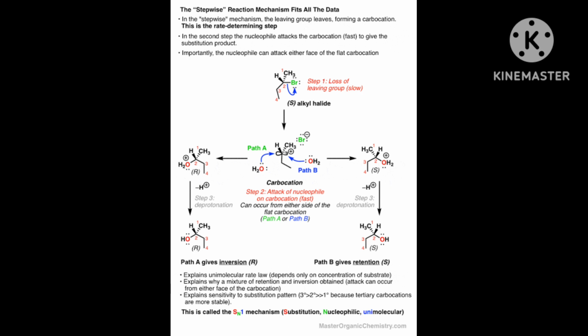This is called isopropyl, and this is the secondary halide. Now the rate will be very slow and you will get very little product.